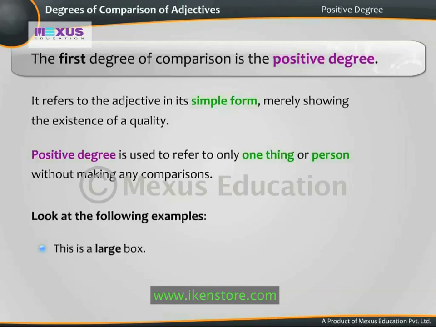In the first sentence, the adjective large describes the box, and in the second sentence, the adjective smart describes Ronnie. That is, they refer to a single thing and a person, and there are no comparisons involved.